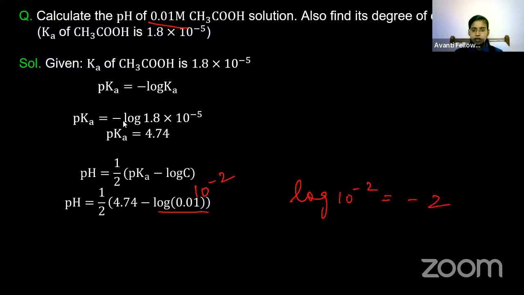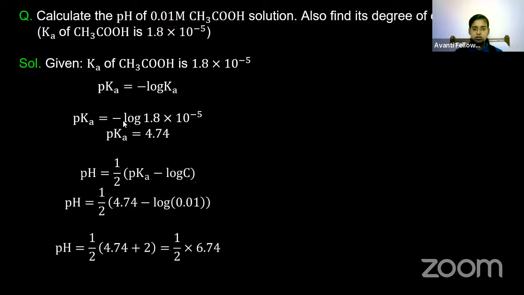So already I have 4.74, and here I am getting the answer as minus 2. So already I have one more minus here. Minus into minus will become plus, so plus 2. What is 4.74 plus 2? 6.74. 6.74 divided by 2, so the answer will be 3.37.